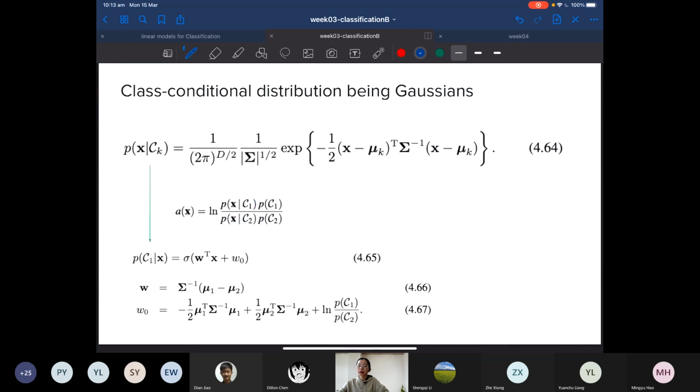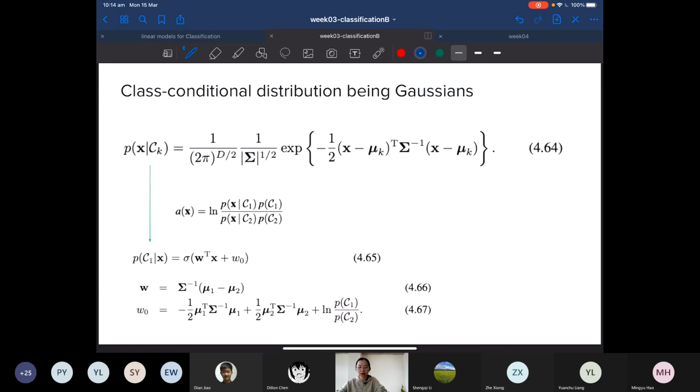Now let's look at our first generative model for classification. We've been working with Gaussians a lot in the past 2 weeks, and Gaussians are one of the nicer distributions that arise in life. So let's just assume that class conditional distributions are Gaussians, right? We just write it out as follows.